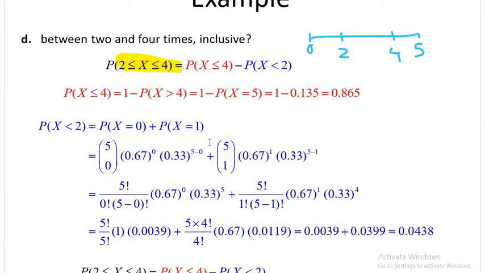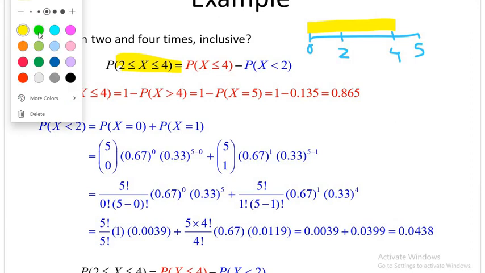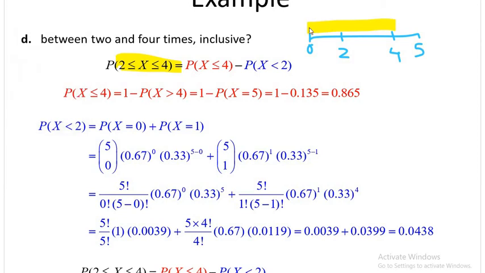Sorry, the other windows opened. So I'm looking for probability 0 to 4. So from 0 to 4. And if I subtract, let's say, from 0 to 2, if I subtract this probability, what will be left?